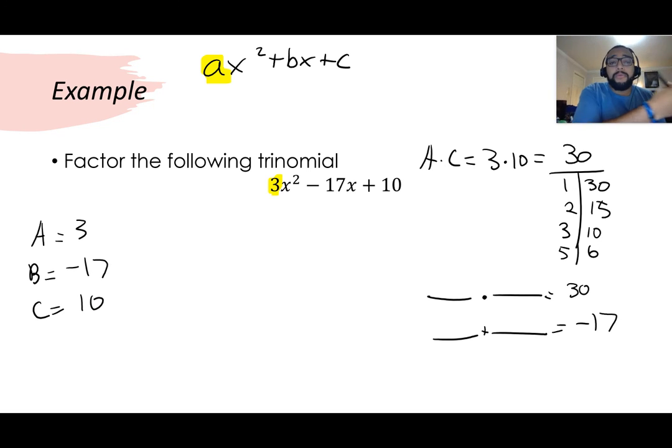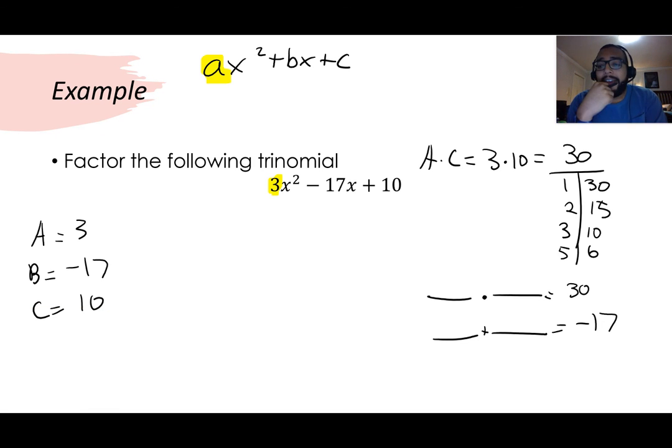So last time when our A value was 1, I wanted just my C term because it was still technically A times C, but it was 1 times your C. But in this case, it is still your A times your C, which is 30. So that being said, we need to look at those 4 pairs and see which one works best for us.